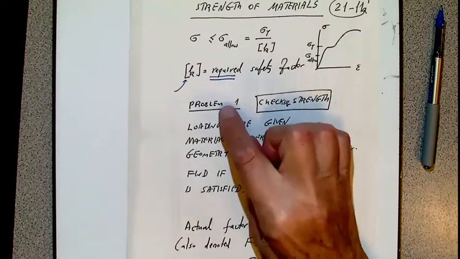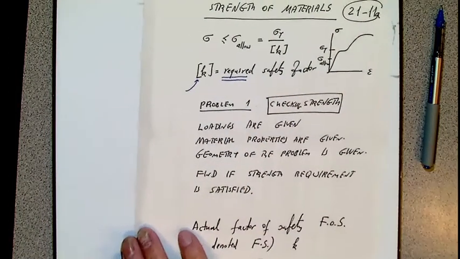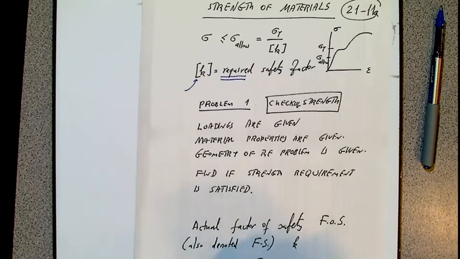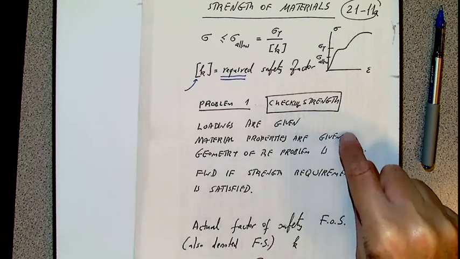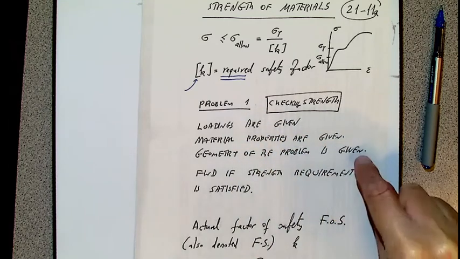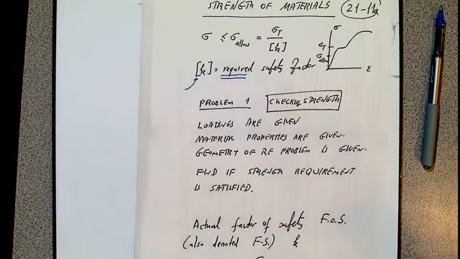So problem type 1 is checking strength. The previous problems that we solved were of this type. Loadings are given, material properties are given, geometry of the problem is given. What should I find then? Everything is given, so what should I do?